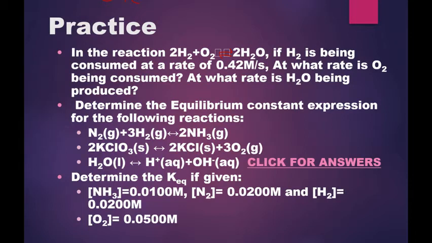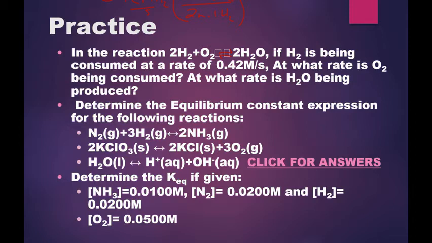So we have 0.42 molar per second for H2. And so I'm going to multiply by my mole ratio. For every 2 moles of H2, I have 1 mole of O2.